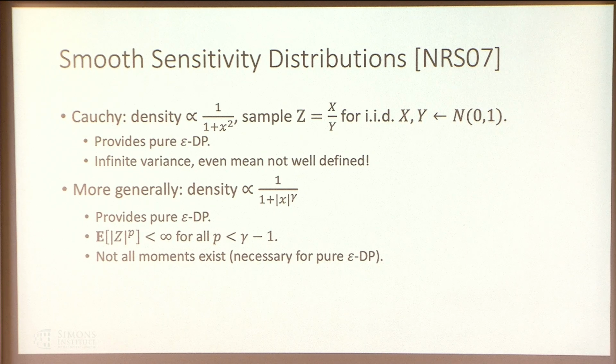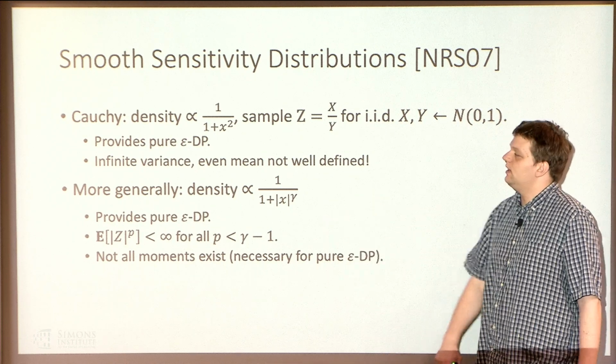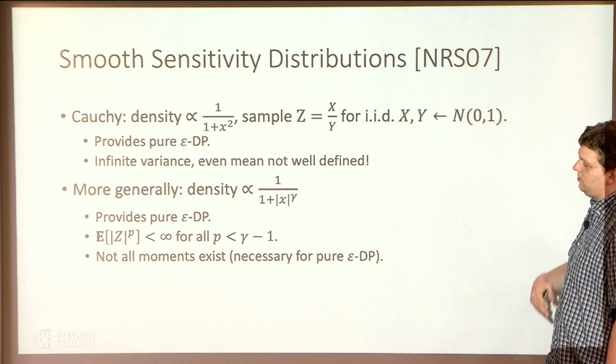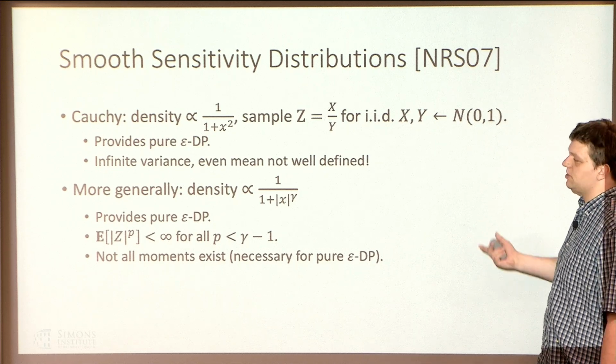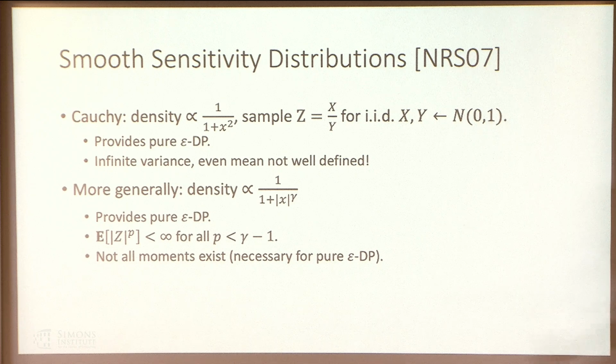Now you can look at a more general distribution where you have a higher power on x, and this still provides pure differential privacy, but with somewhat worse parameters, depending on that gamma. But now you have your moments up to gamma minus 1. So you have a couple of moments, but not all of the moments will exist. That's actually necessary if you have a distribution for pure DP: you're not going to have all your moments.